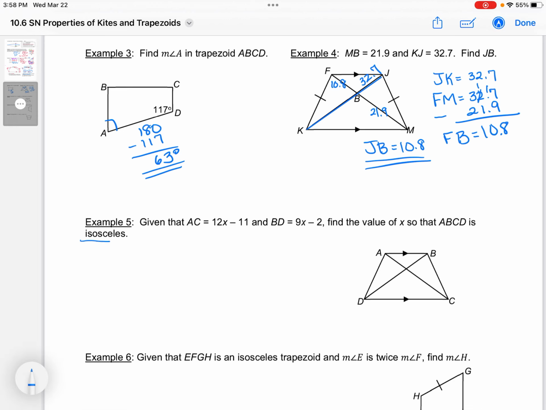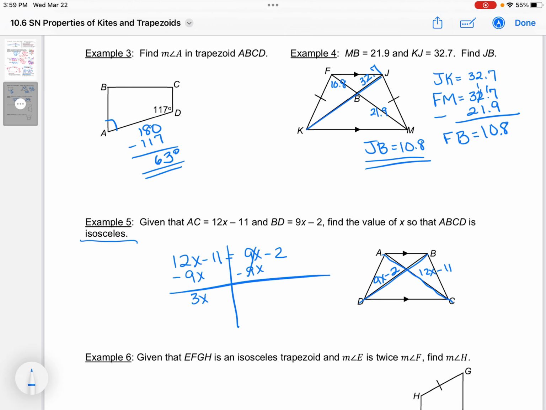Okay, so we want this one to be isosceles. So if AC is 12x minus 11, and BD is 9x minus 2, if we want it to be isosceles, that means those are equal to each other. So if we want an isosceles trapezoid, X has to solve this.